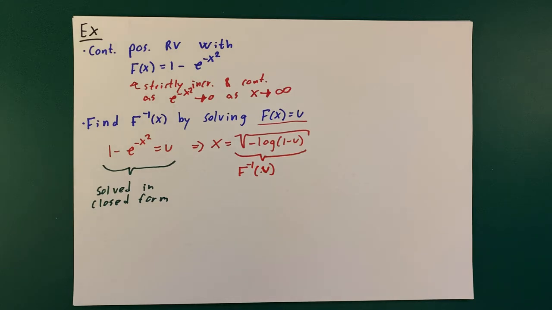For a lot of famous cases like the normal distribution, there are really good and fast approximations available. But if you're doing something a little bit more exotic, you might need to use something like Newton's method for solving this equation. And of course that might slow you down a little bit compared to if you had the closed form available.